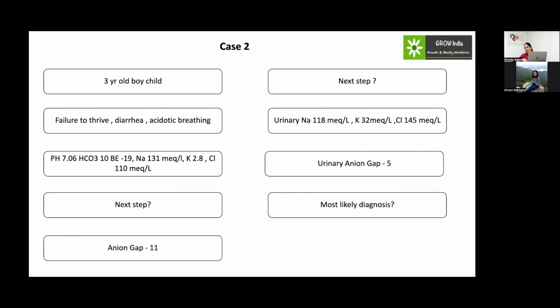So what do you think? Anybody answering? I think nobody has. Yeah, definitely it's the GI loss, bicarbonate loss from diarrhea.